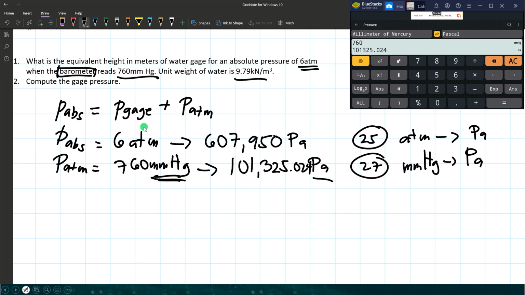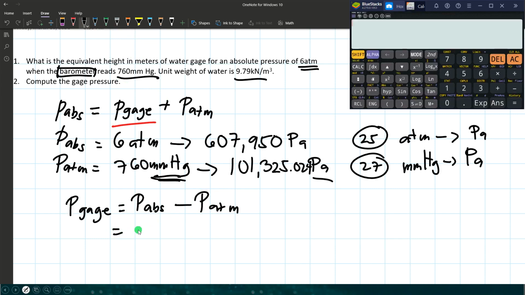We can now substitute the absolute pressure and atmospheric pressure so that we can determine the gauge pressure. So the gauge pressure is equal to absolute pressure minus atmospheric pressure. So absolute pressure is 607,950 minus 101,325.024 in Pascal.